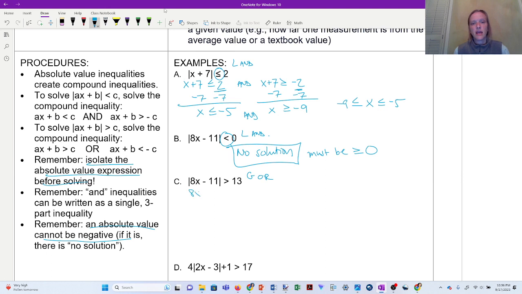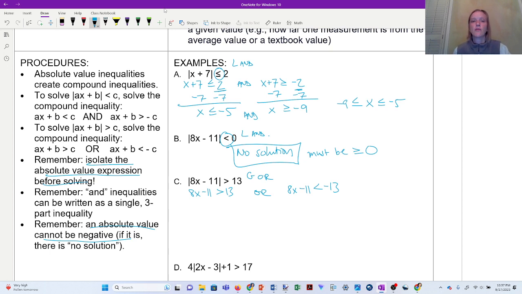So I'm going to have 8x minus 11 is greater than 13, or 8x minus 11 is less than negative 13. So those are the two different inequalities we can make from this one absolute value inequality.